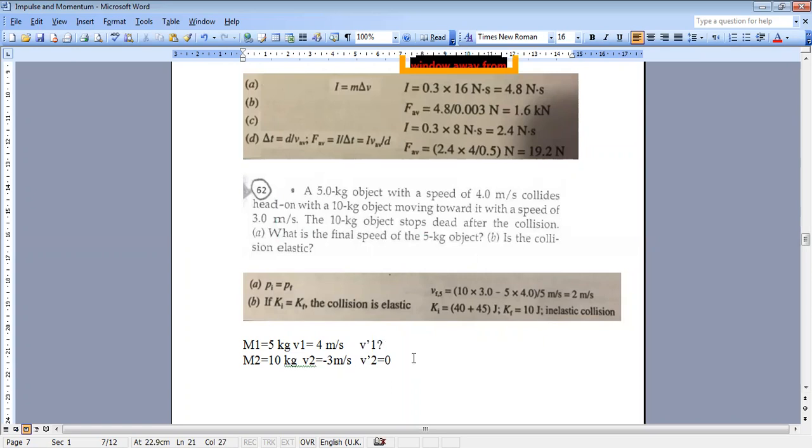They didn't tell me that it's an elastic or non-elastic collision, but they gave me additional information: the final velocity of 2. So I can calculate the final velocity of 1 by applying the conservation of linear momentum.